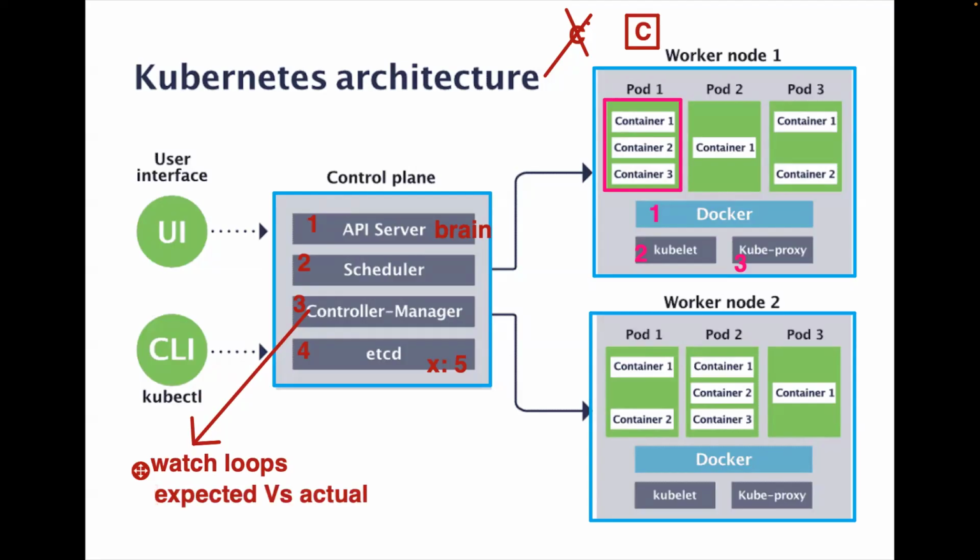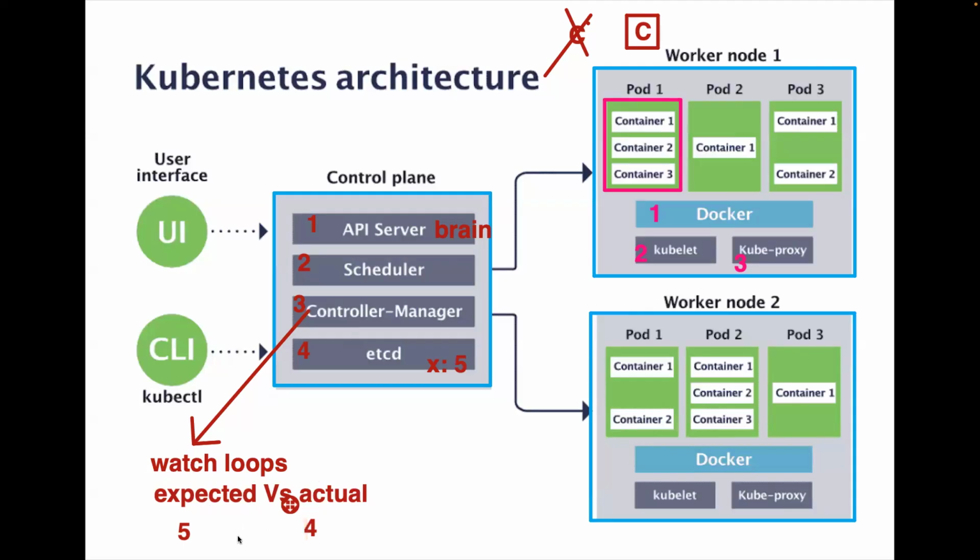That's how the controllers compare the expected state with the actual state. Let's say you have given the input that you should have 5 containers, but actually you see 6 or 4, which is not as expected. It will identify it, because like I said, it runs non-terminating, unending watch loops.